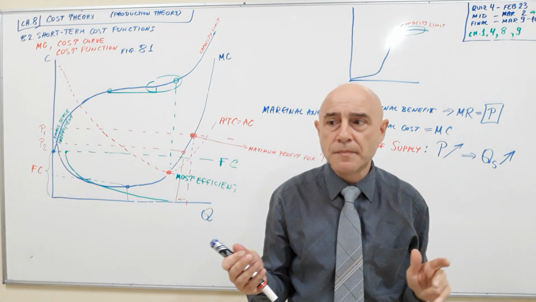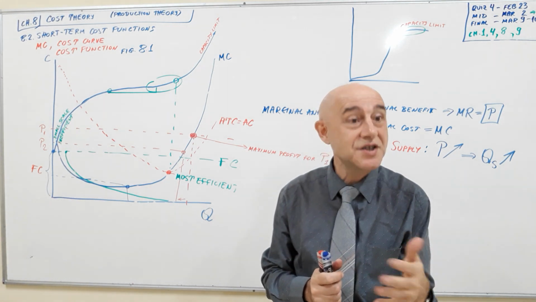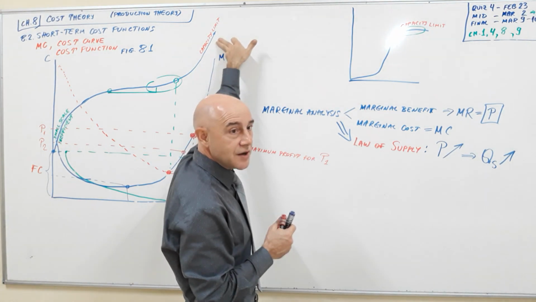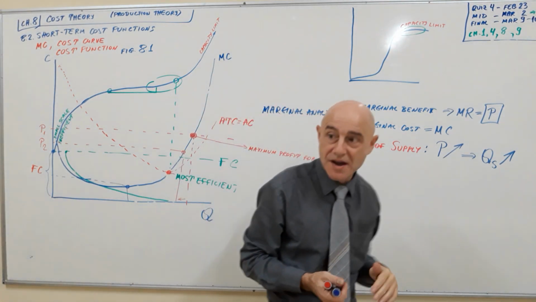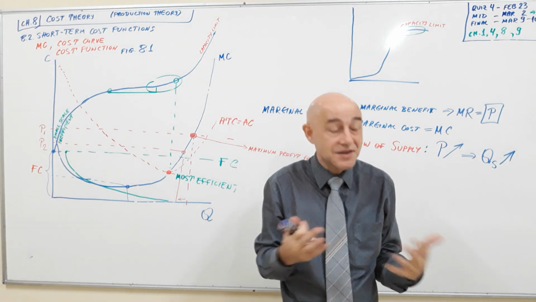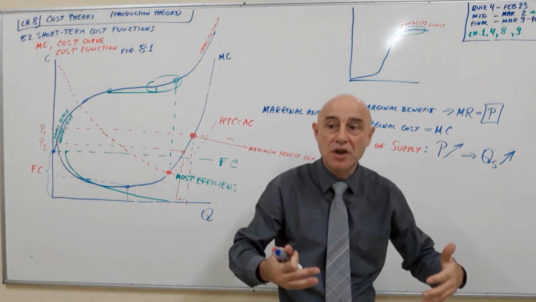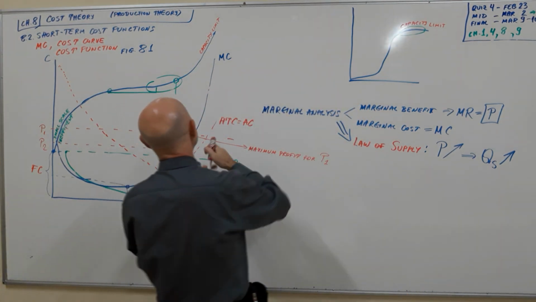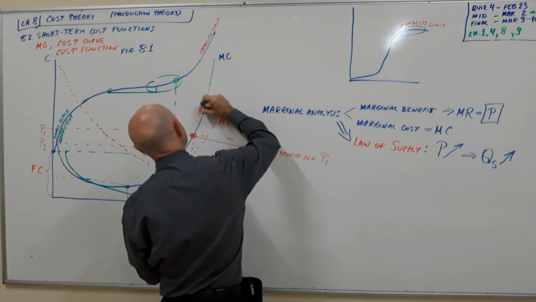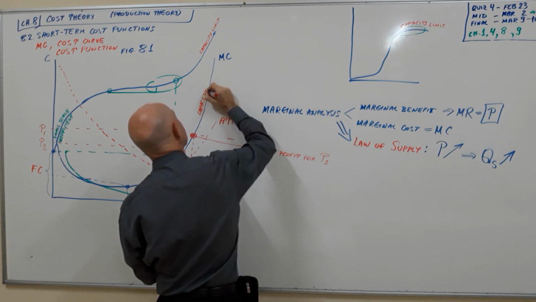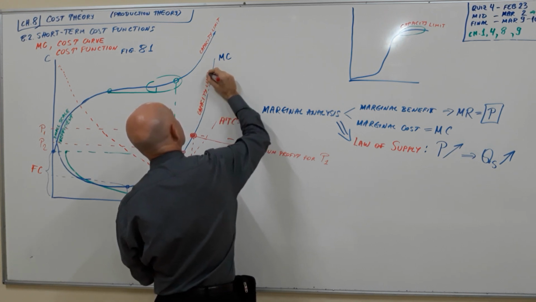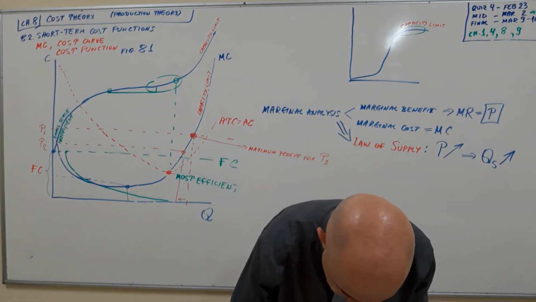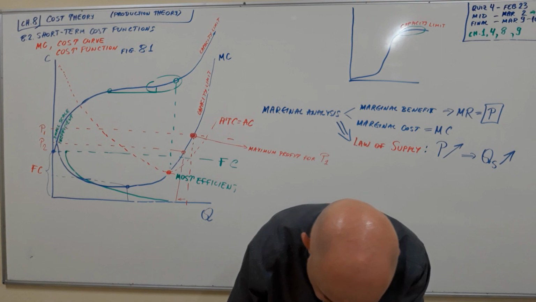Exactly for the same reason that total cost will rise. Capacity limit. At one point, you hit capacity and it becomes very inefficient to expand. So, this is the same thing here. Capacity limit. Okay, this explains the short run curve.